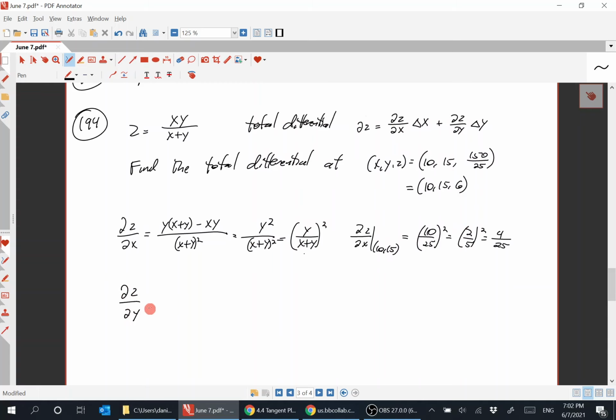Partial z with respect to y, anyone want to guess what it's going to be? Is there any difference between x and y in this function? If I exchange x and y, do I get a new function or do I get the same thing? So I take that function, I erase the x's and replace with y, and then I erase the y's and replace with x.